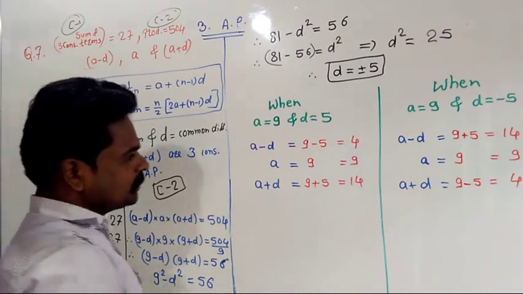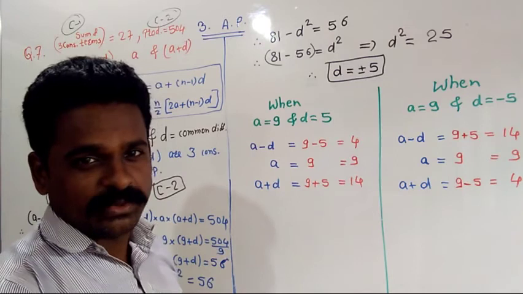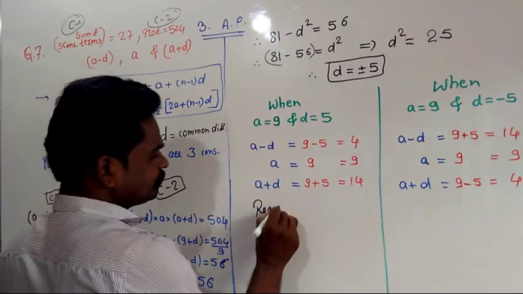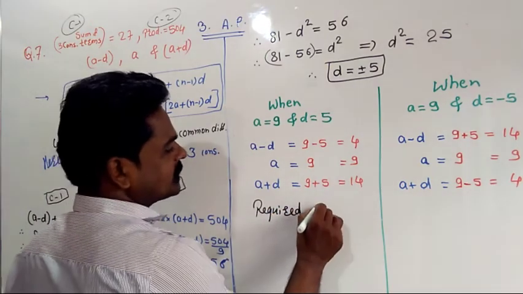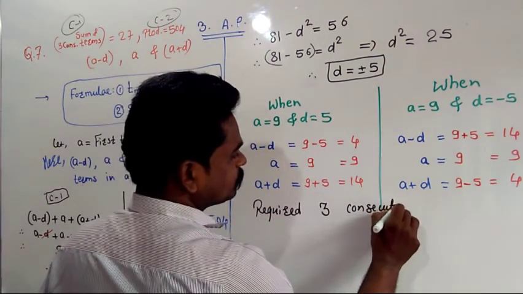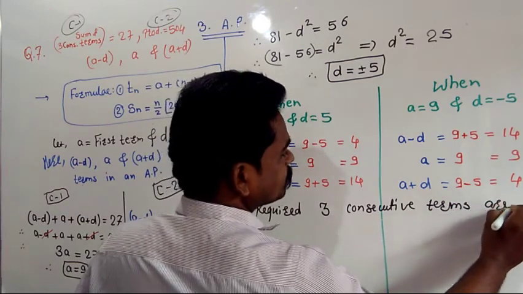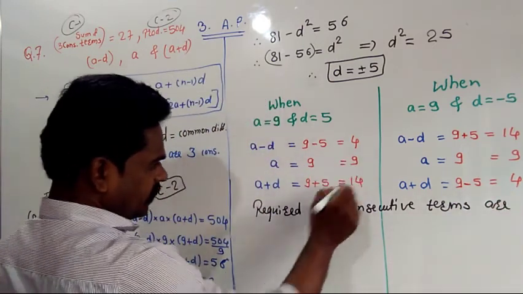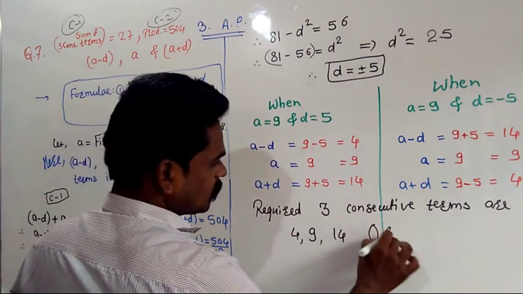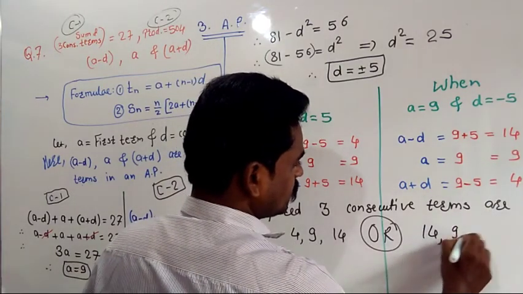Okay, fine. So lastly we'll write the answer. The three consecutive terms required are 4, 9, 14, or 14, 9, 4.